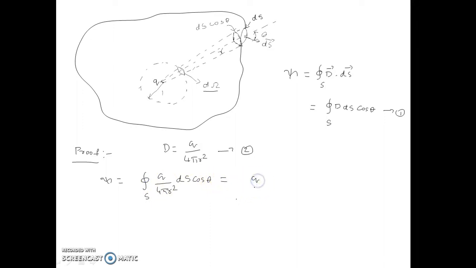So here q can be taken out, and we have dS cos theta by r square over the closed surface.